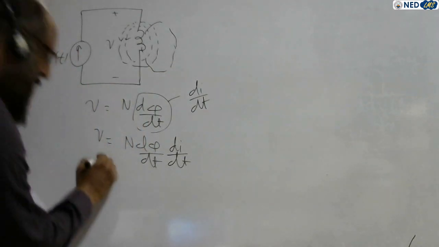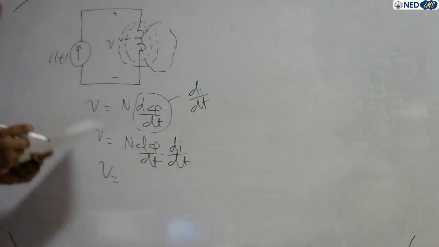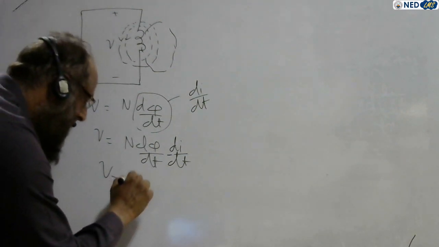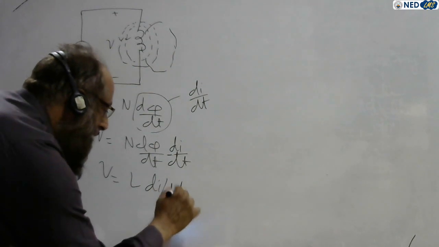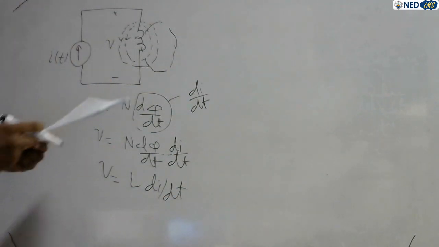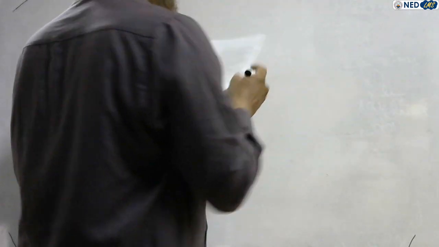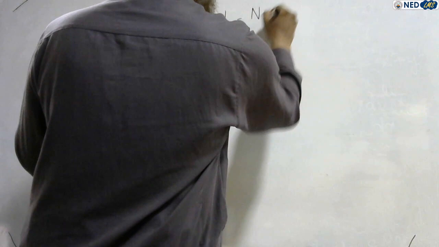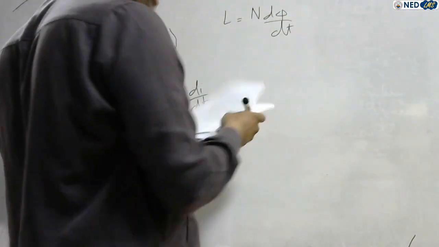So V is equal to L di by dt, where L is the inductance, right? So L comes out to be N d phi by dt.